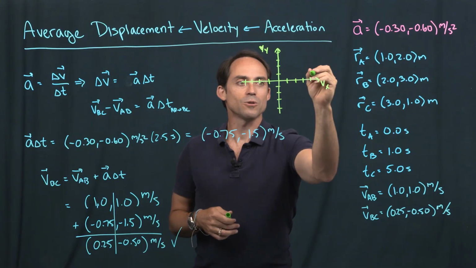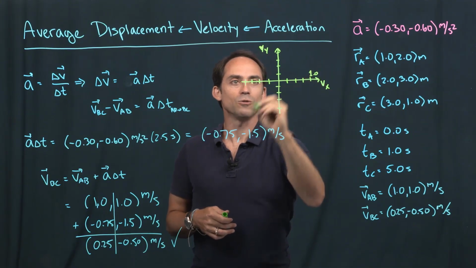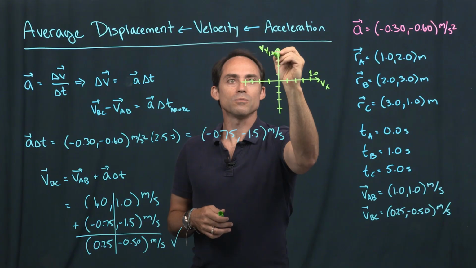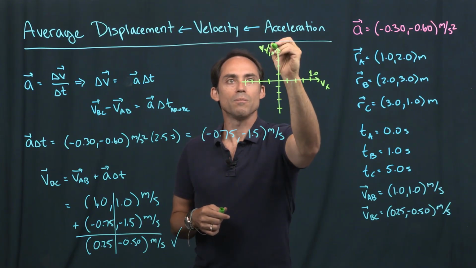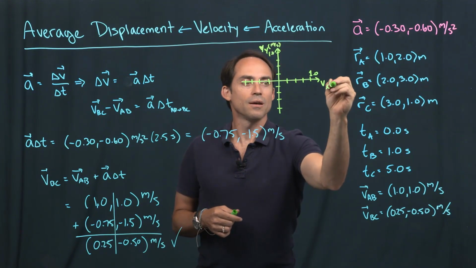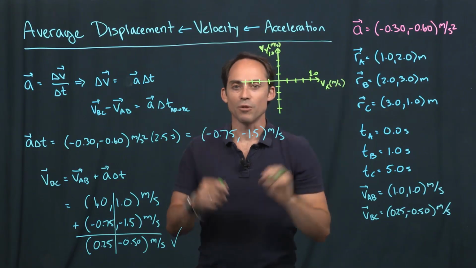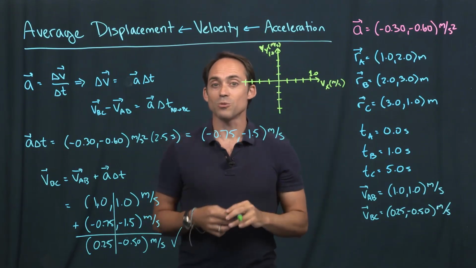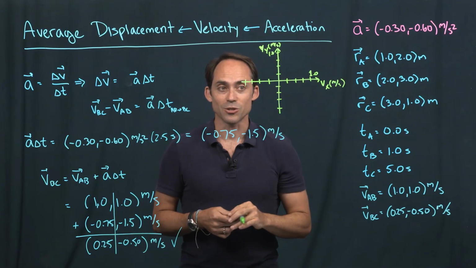In this case, those ticks are going to be in steps of 0.25. So I'll just make sure to mark that off. And this is in meters per second. So we've got a perfectly valid coordinate system. In this case, we're just looking at it in terms of velocities, not positions.